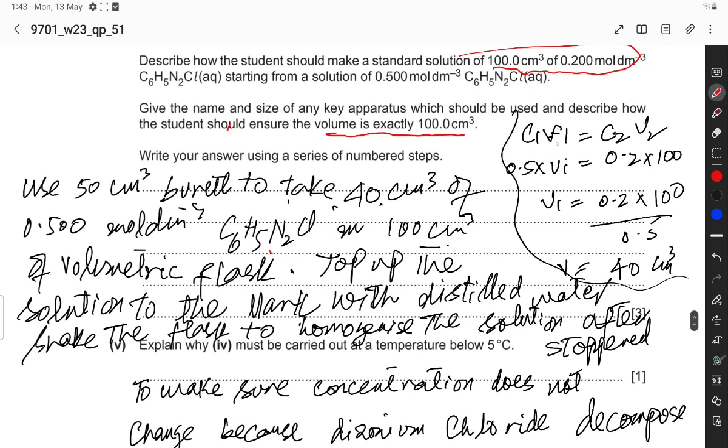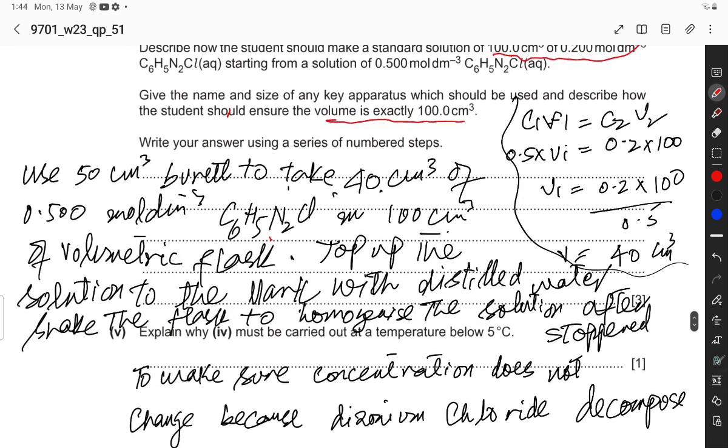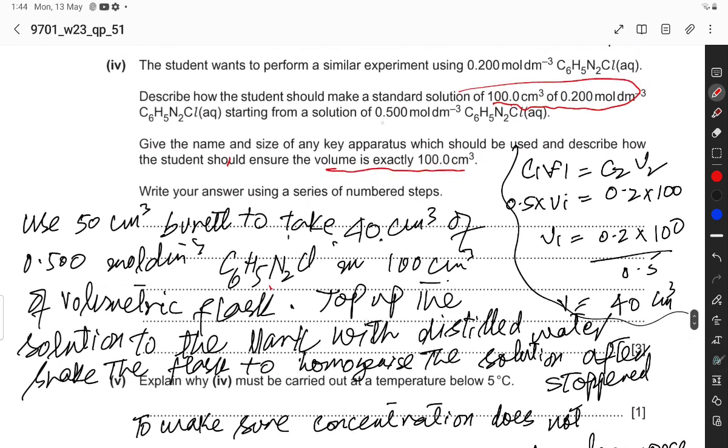So we know that C1 is the concentration of reactant 1 and C2 the concentration of reactant 2, and V1 the volume of 1 and V2 the volume of 2. Starting from a solution of 0.500 into volume, we find out the volume of this starting material, and we know 0.200 into 100.